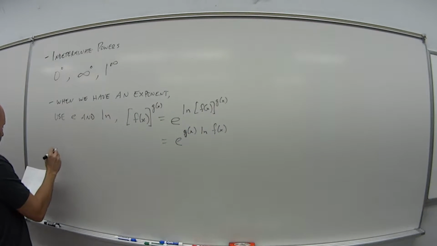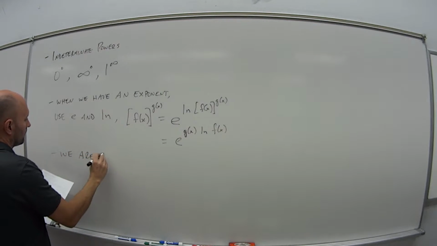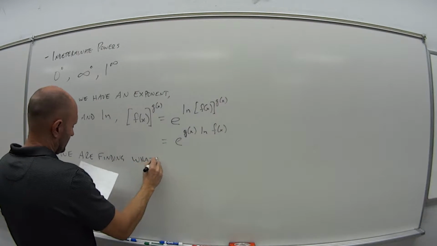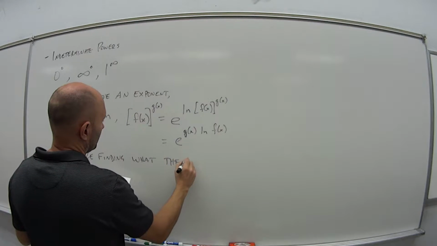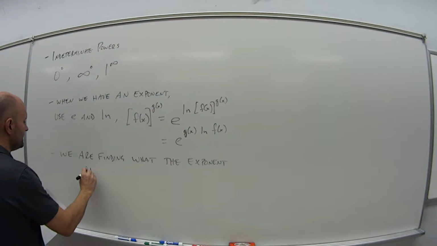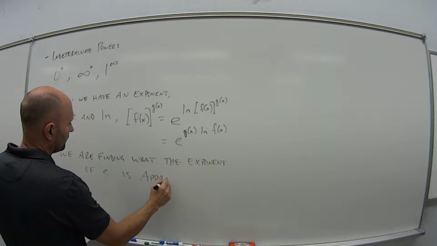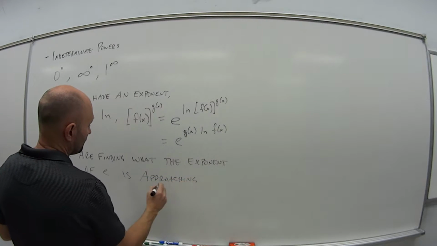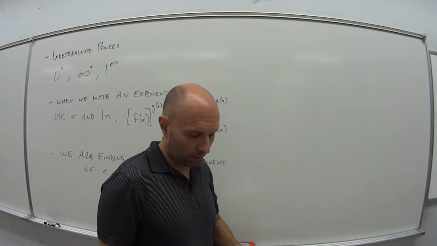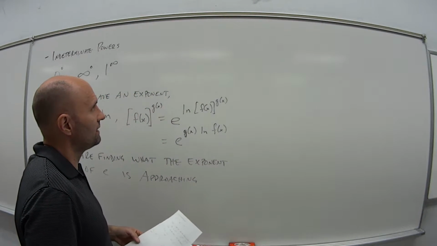So the key here is that we are finding what the exponent of e is approaching. We'll find that value, plug it back in for the exponent, and our answer will have e to some power as our final answer. Whether we can simplify it from there or not remains to be seen, but that's the key.